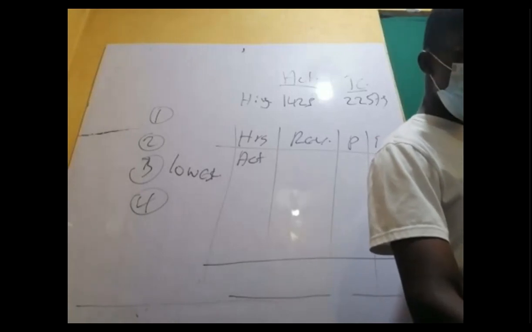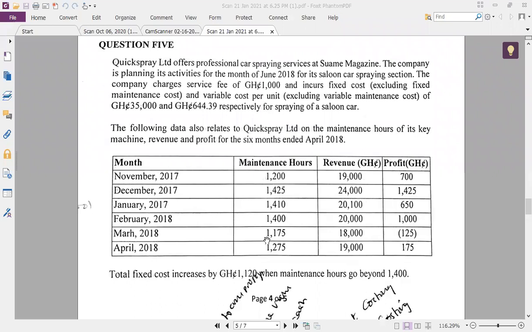I look through, I get 1,175. What will be the equivalent cost? 18,125. Perfect.